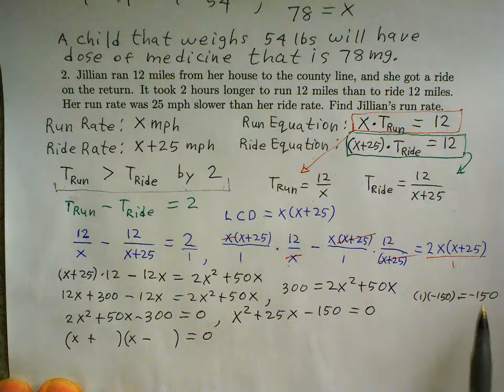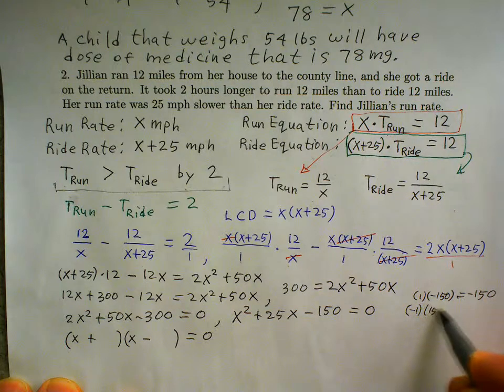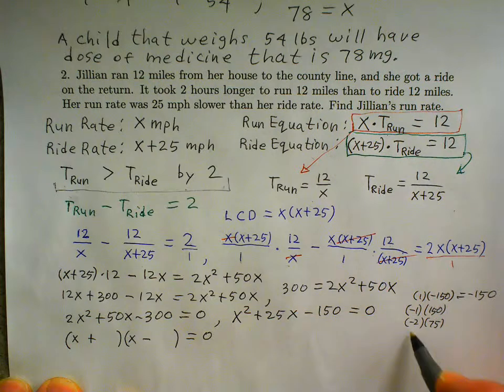Okay, if the product is negative and the sum is positive, the one with the largest absolute value has to be positive. So we can do the systematic approach, negative 1 times 150, negative 2 times 75, negative 3 times 50, negative 4 is not a factor, negative 5 times 30.